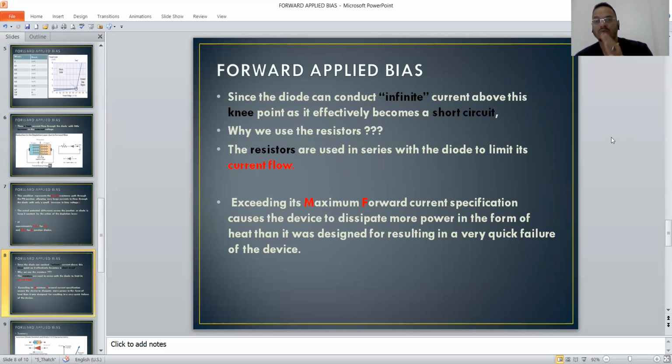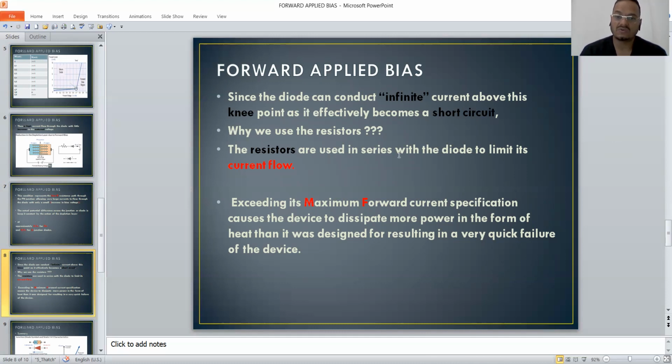Because when we are dealing with phenomena like that, small currents can come back to the device somehow, and the resistor acts like a filter to prevent this current. This current is called the leakage current. The resistor protects our devices from leakage current.